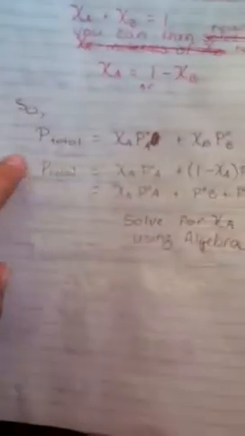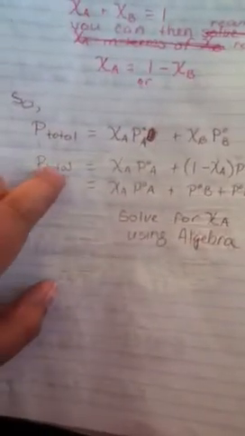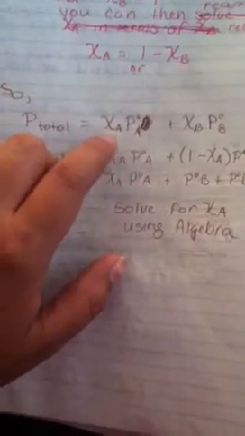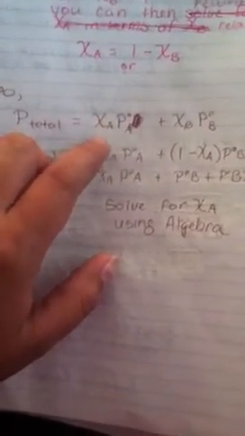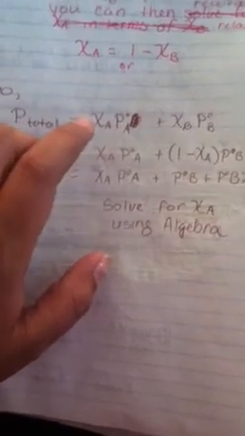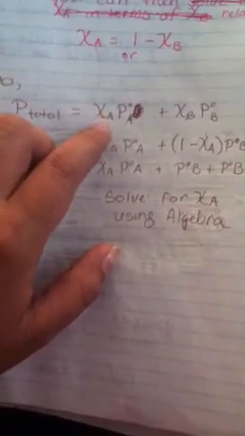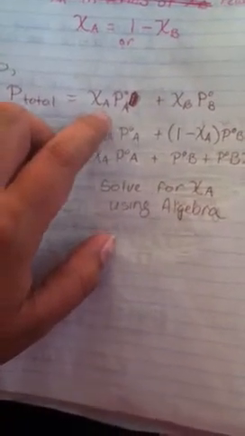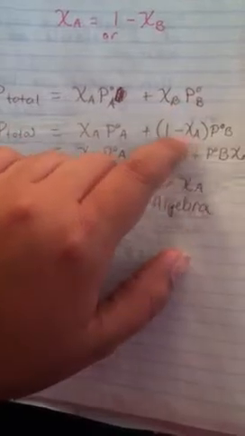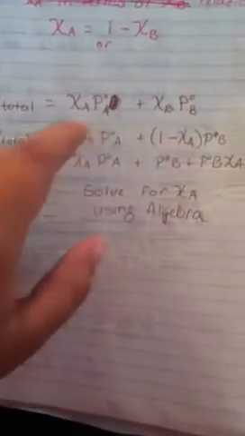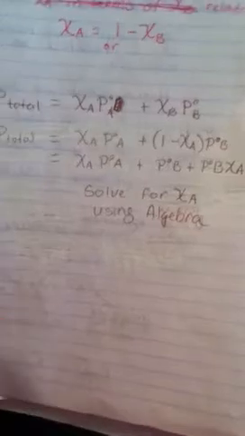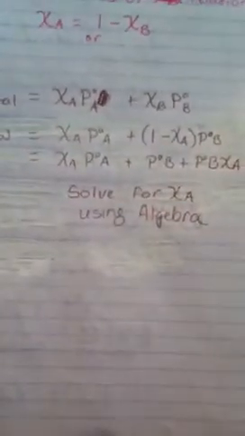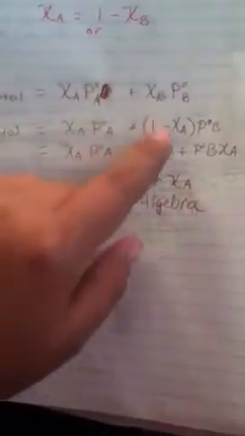Anyway, you'll set this up, and whichever mole fraction you decide hexane is, that's what you want to solve for. So if you want to solve for the mole fraction of A, you're going to have to set it up to where you solve for the mole fraction of B in terms of A. This one, the mole fraction of A, I would make the hexane mole fraction, because that's easier for me since I already solved that one.